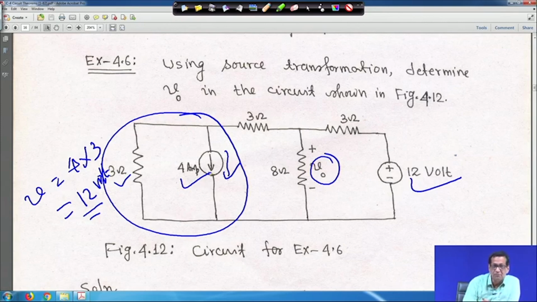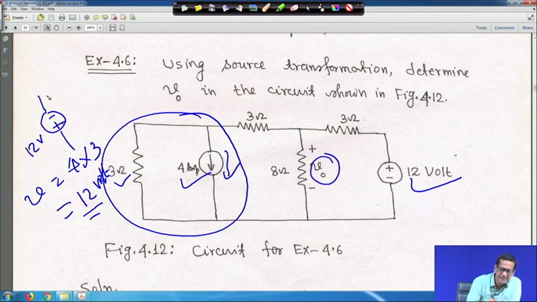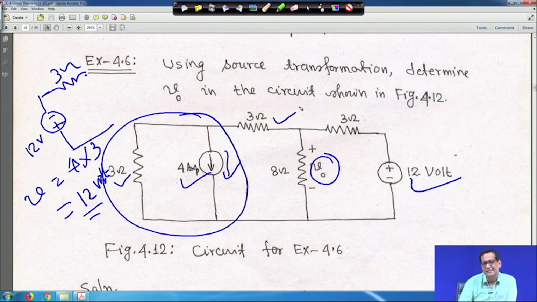But look at this, it is downward. So if I draw it here for this portion, this will be minus, this will be plus, this will be my 12 volt, and the resistance will be 3 ohm. This 3 ohm and this 3 ohm will both be in series. Later we will see the circuit.